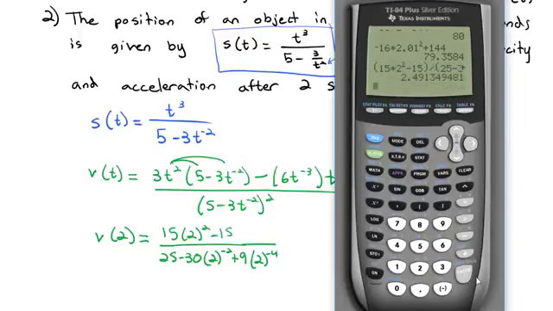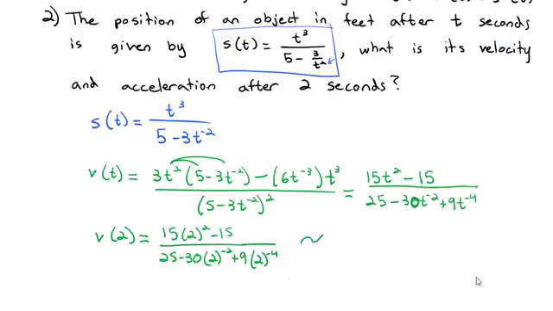And my velocity at 2 seconds seems to be about 2.49 feet per second. Almost 2.5 feet every second this guy's going to travel.